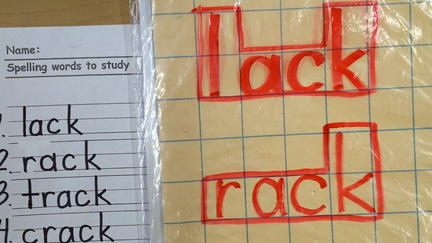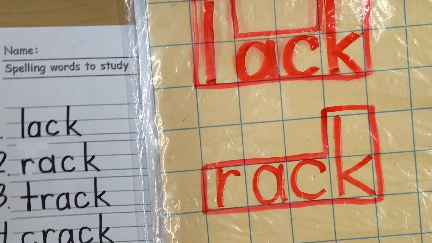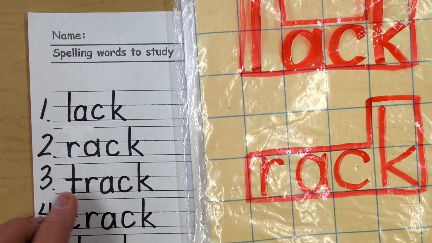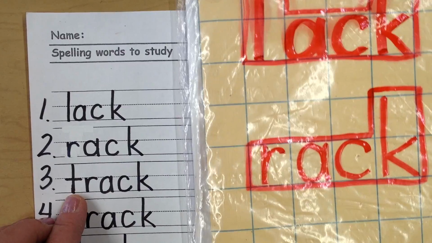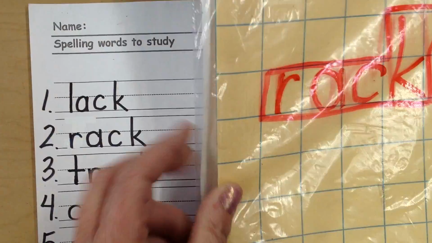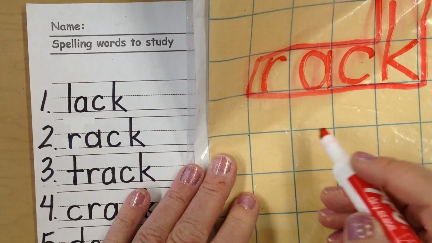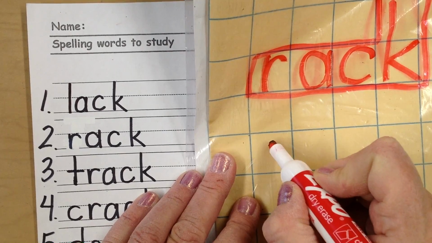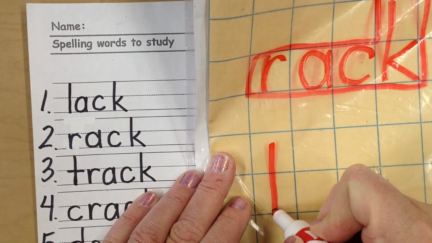All right, the next word on our list this week has a blend. I see R-A-C again, but there's a T in front. Tur. So I have a T and an R. I'm going to scoot my paper up a little bit, and I'm going to write that here. So the T is tricky. Sometimes you see it all the way to the top. Sometimes you see it close to the top.